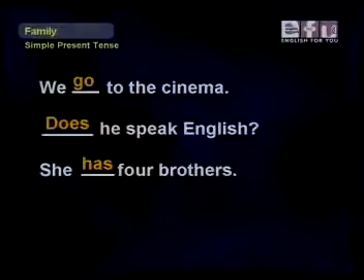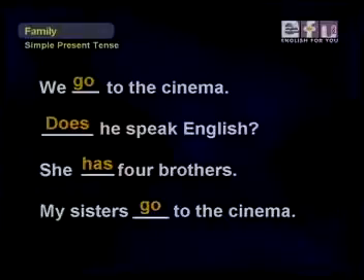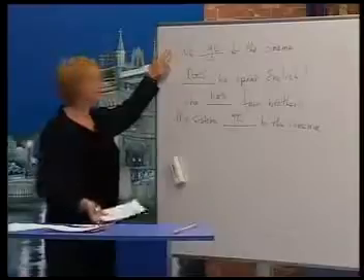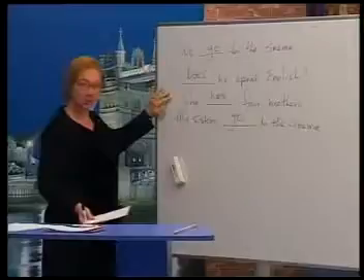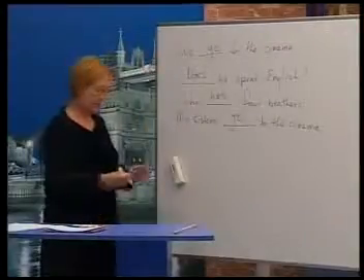Yes. And Isabel? My sisters go to the cinema. Yes. Again, we go to the cinema. Does he speak English? She has 4 brothers. My sisters go to the cinema.